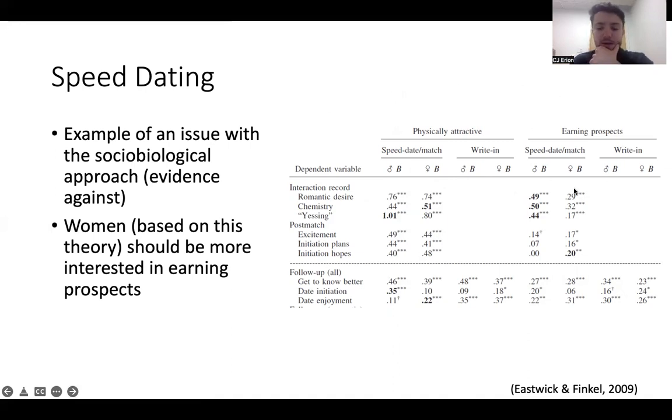Based on this theory, you would expect to see a pattern where these correlations would be higher for women and earning prospects, and that pattern is just not found here. Long story short, I won't go into it too much, but this was a study based on speed dating and what individuals reported looking for in these speed dates.